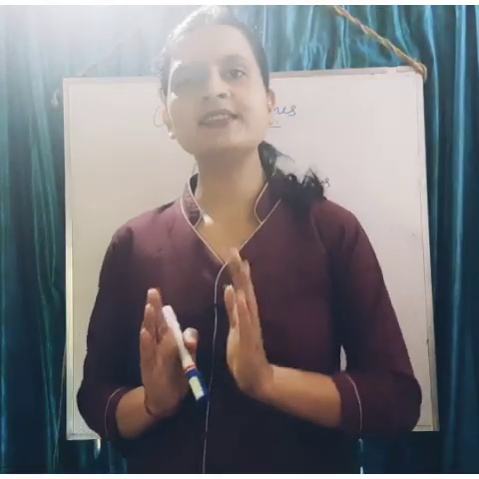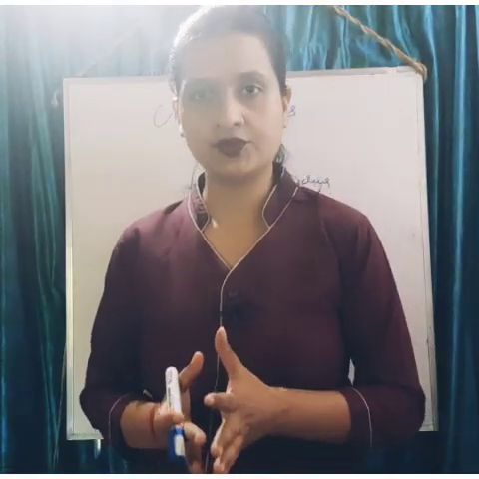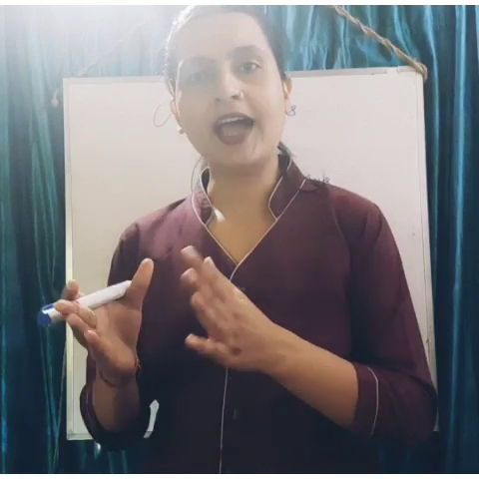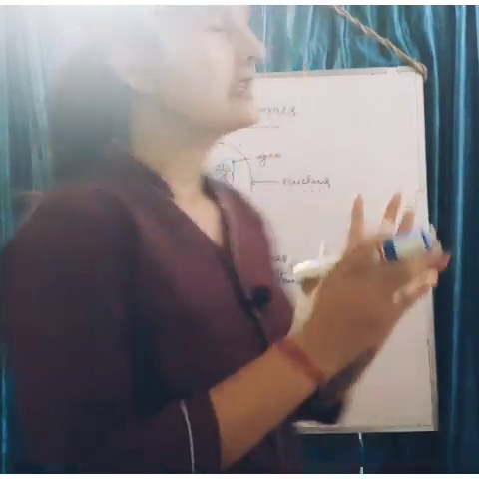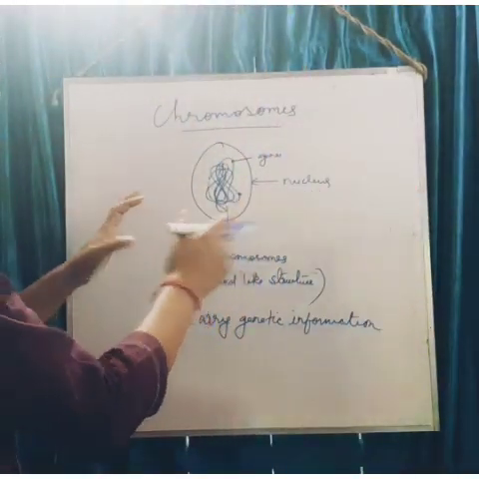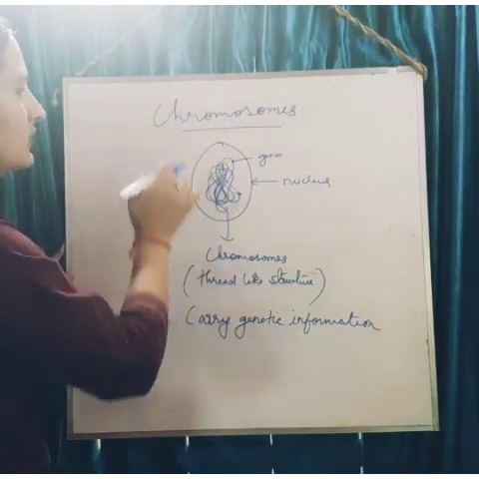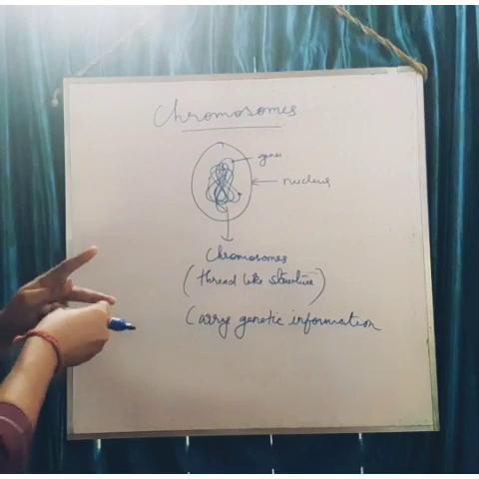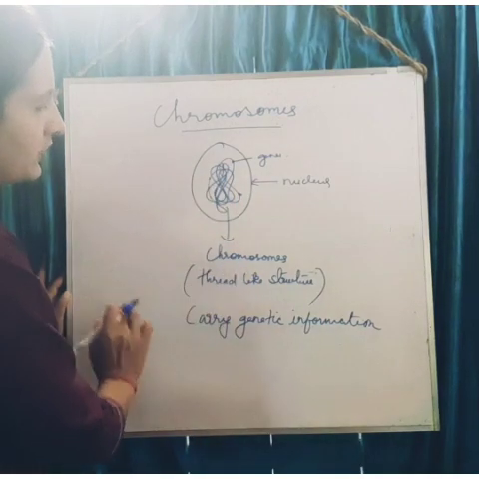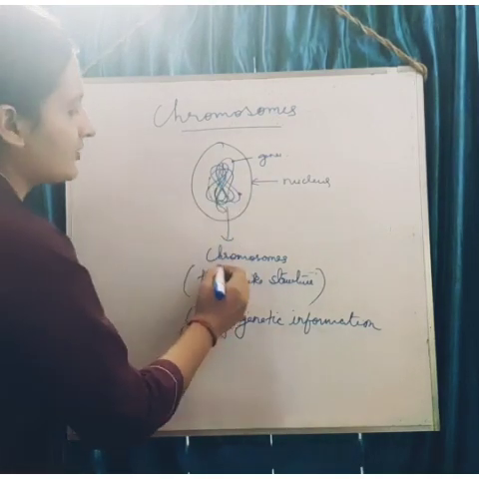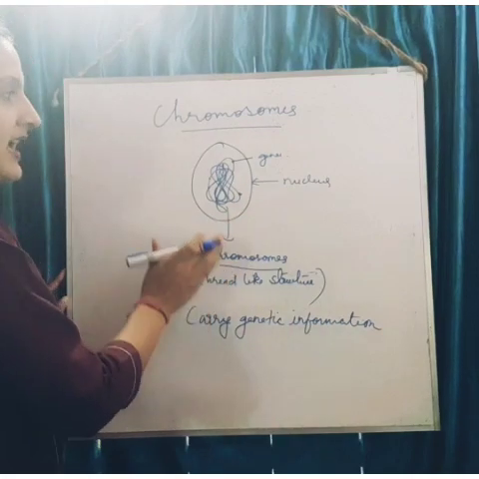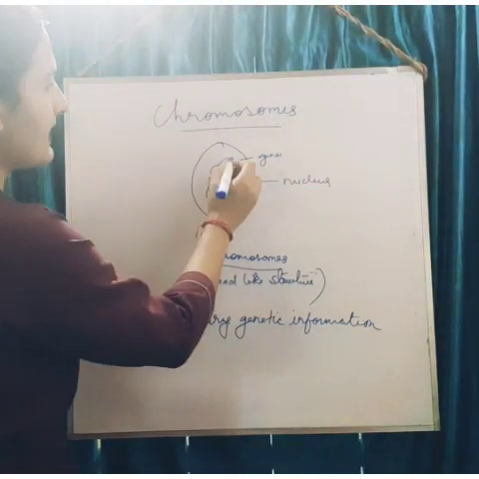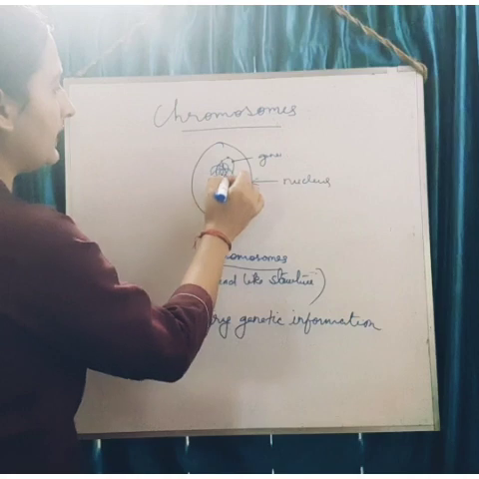Now first let us try to understand what chromosomes are, and then we will move to the actual theory of chromosomes. I'm just going to tell you in brief. This is the nucleus. Inside a cell there is a nucleus, and inside the nucleus there is a thread-like structure. This thread-like structure is called a chromosome, and it has genes on it.